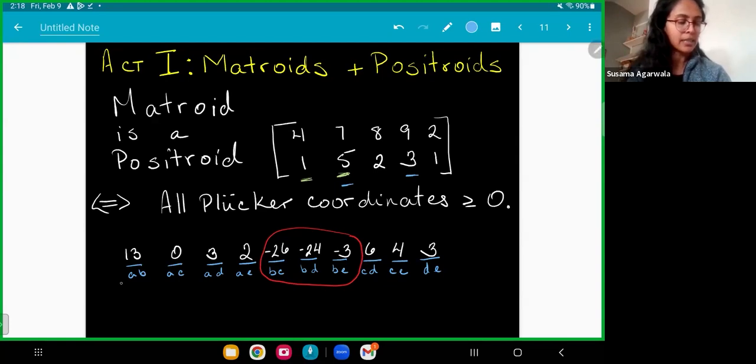When I take a look at this matroid, or the matroid that this matrix represents, I see, oh, look, there are some negative numbers here. And you might want to think, oh, wait, this isn't a positroid.